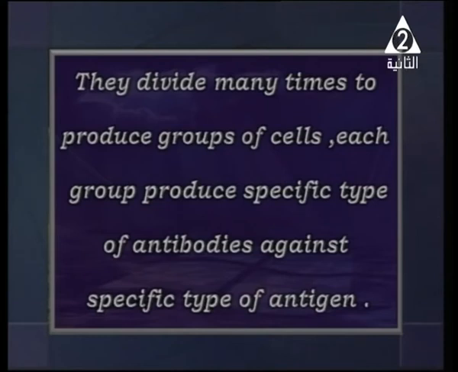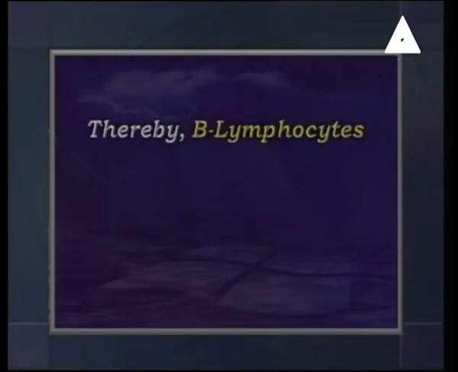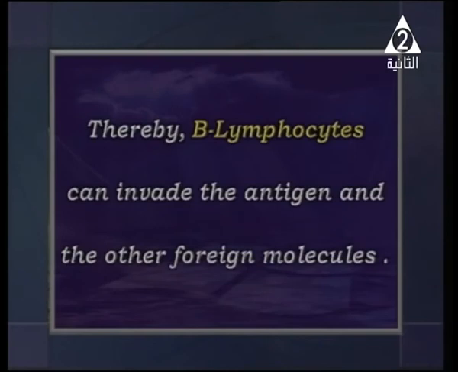Again, they divide many times to produce groups of cells, each group producing a specific type of antibody for each antigen. So each antigen has its own antibody and so on. But what else? The B lymphocytes can invade the antigen, and the other foreign molecules can also invade them.